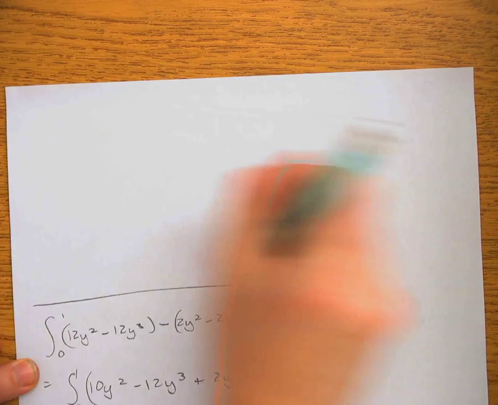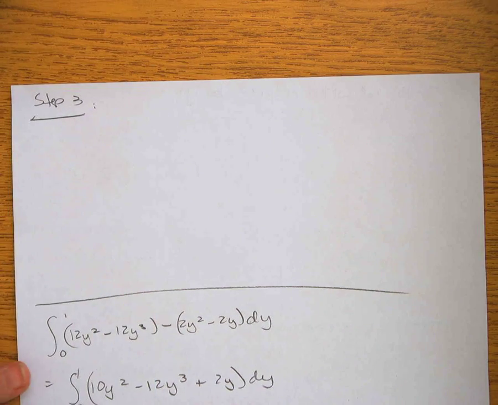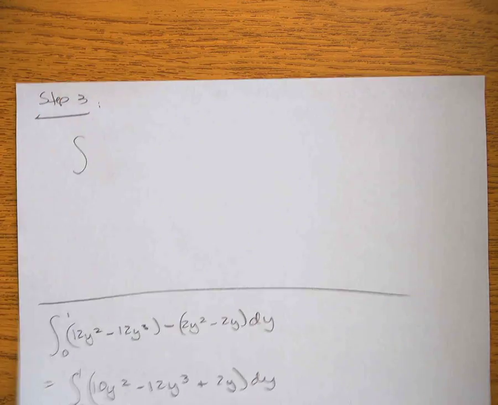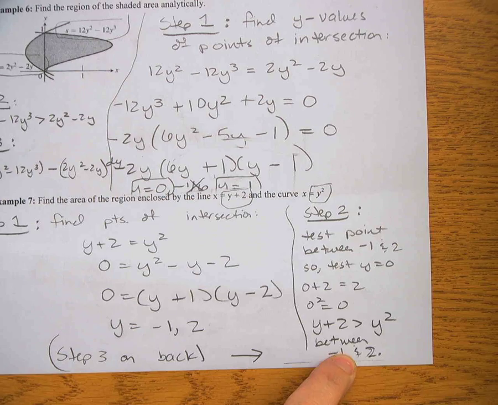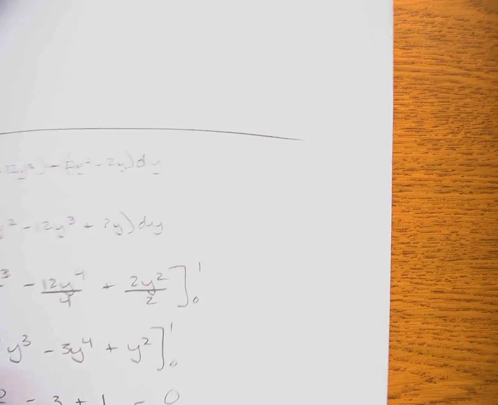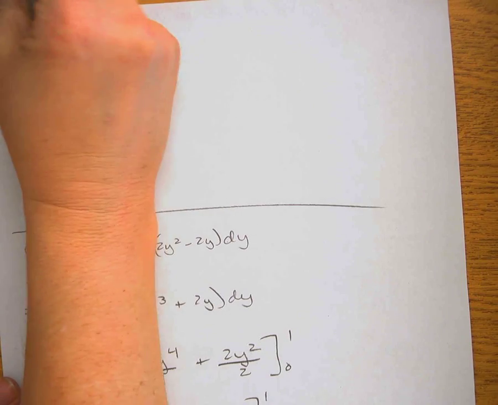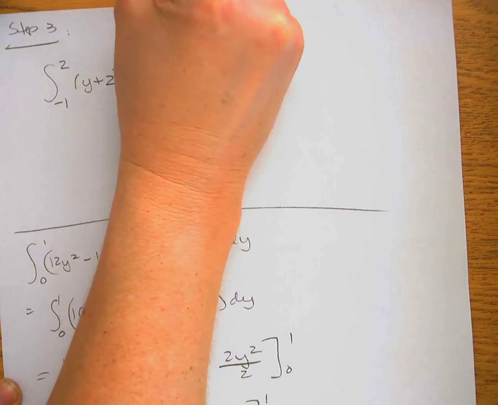And since I used all this, we'll have to actually go up here. Okay, so for step 3, we basically integrate from bottom to top. So I believe we were going from -1 to 2. So -1 would be the lower one. So -1 to 2 of the curve that's further right minus the other curve, dy.